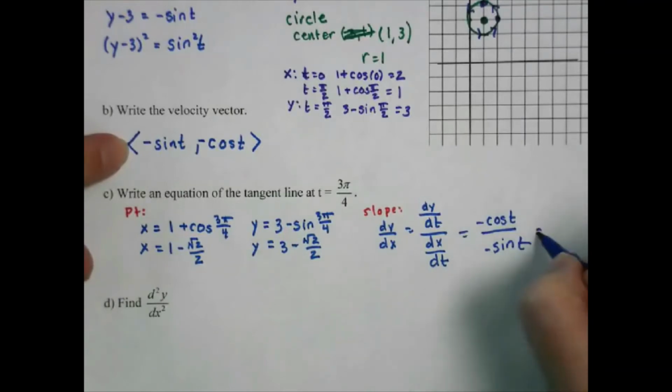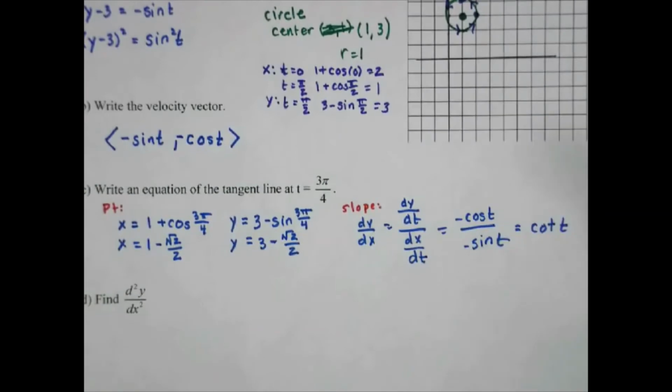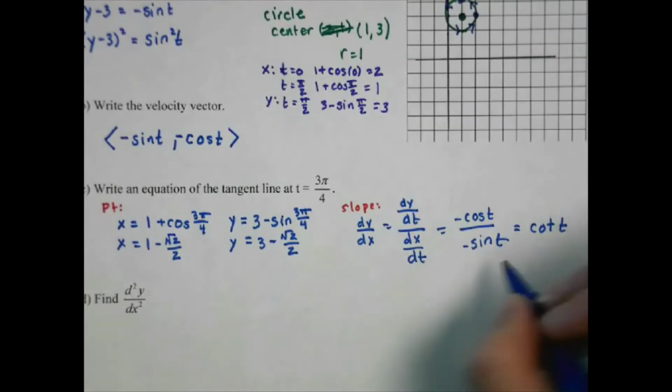So you can plug it in here, or we can look at this is the same as positive cotangent t, or leave it here. So this is going to be the cotangent at 3 pi over 4. Tangent at 3 pi over 4 is going to be negative 1, which means cotangent is also going to be negative 1.